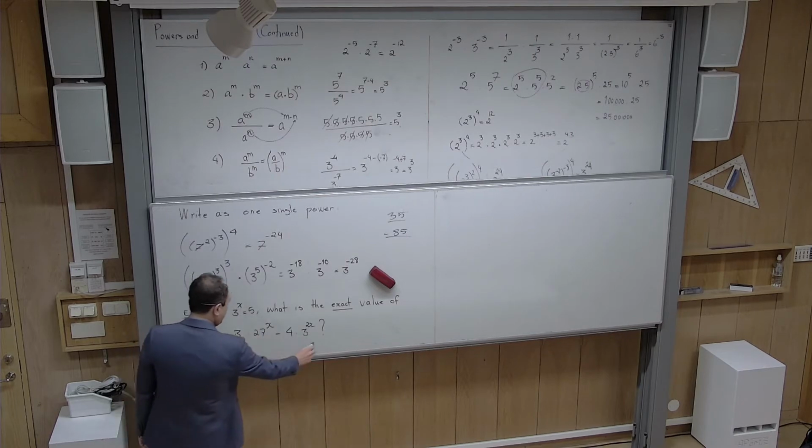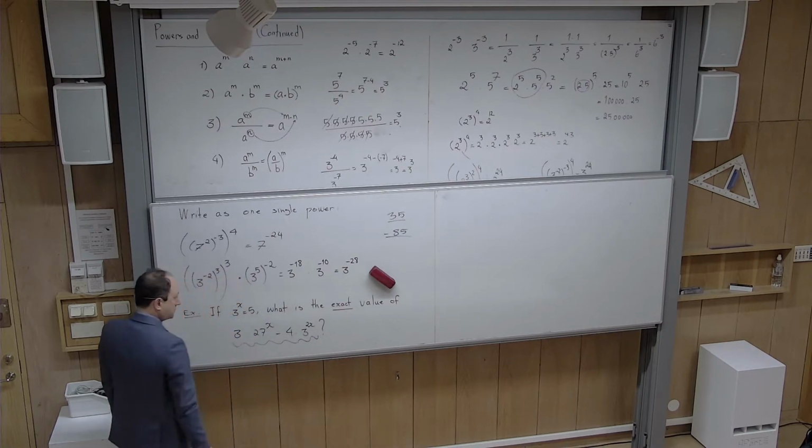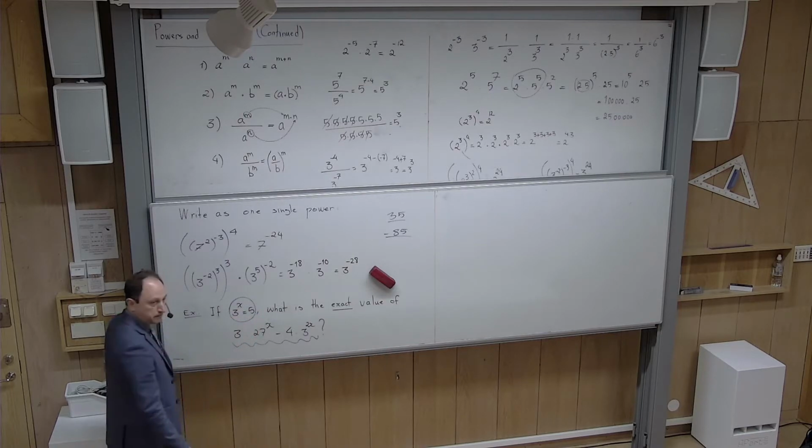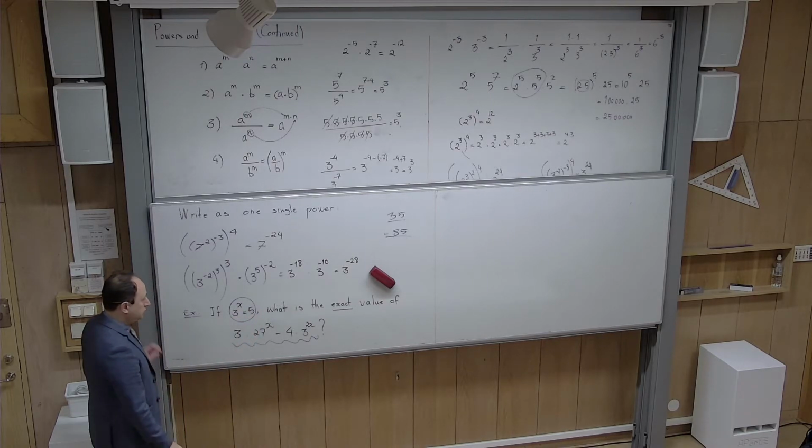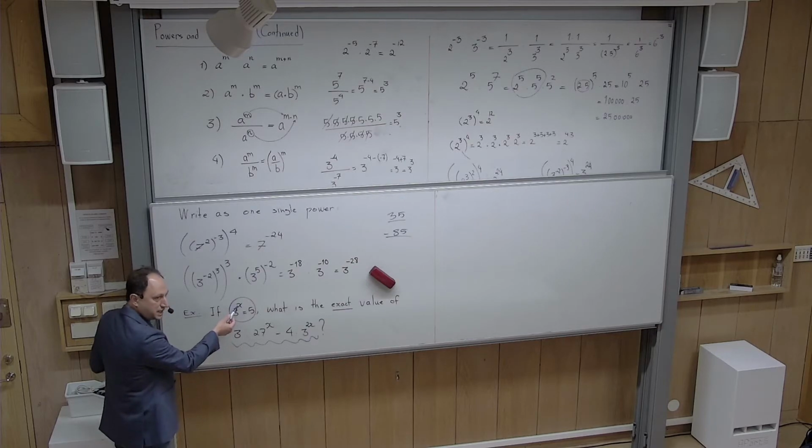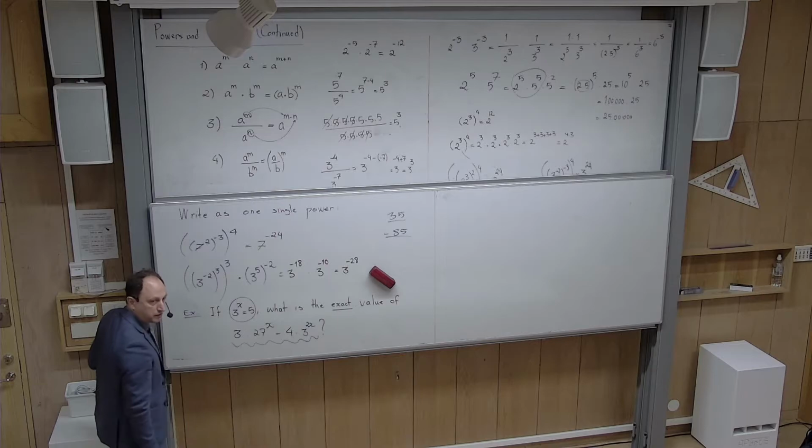So if I am supposed to solve this, I should relate this combination somehow to the piece of information provided for me. The piece of information is that if 3 to the x appears somewhere, I can replace it with 5. So you should have a strategy. If you just randomly do some calculations, it is not working.